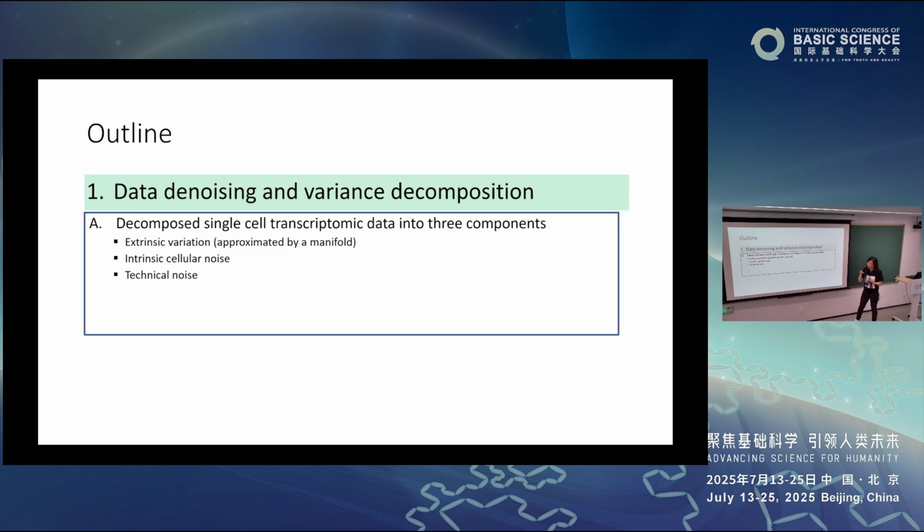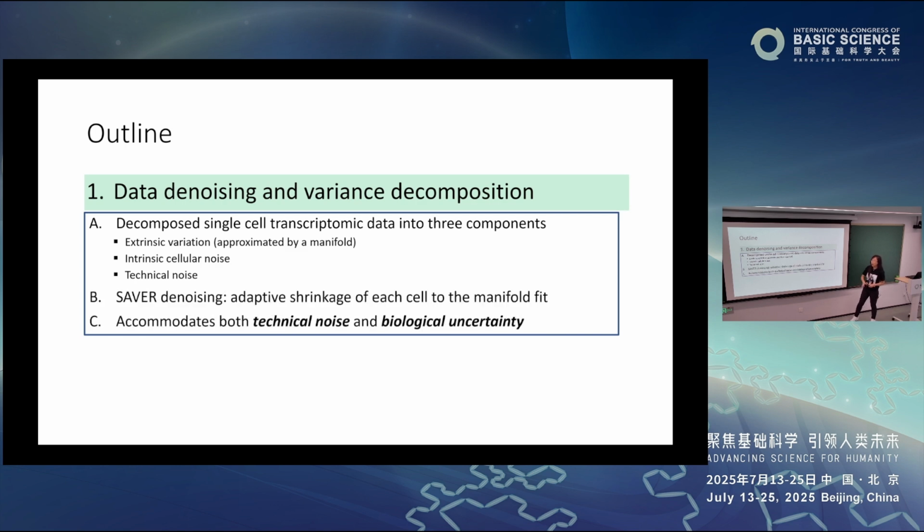Our paper was the first to give this hierarchical decomposition of single cell data. With this decomposition, the SAVOR denoising is really simple. It's basically adaptive shrinkage of each cell to that manifold fit, and that adaptive shrinkage accommodates both technical noise, which you can estimate, as well as biological uncertainty, which you can also estimate on a per gene basis.